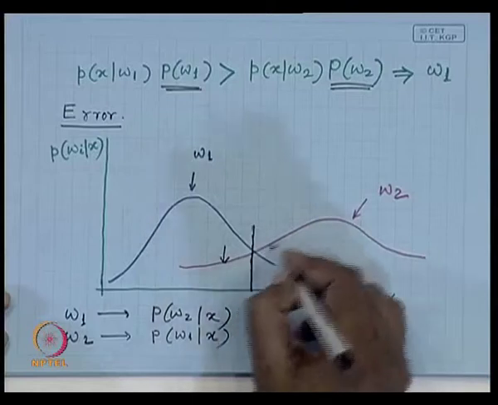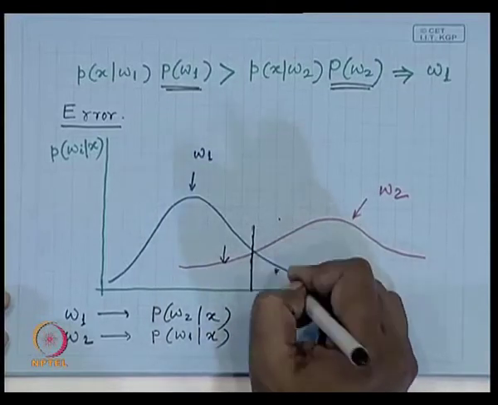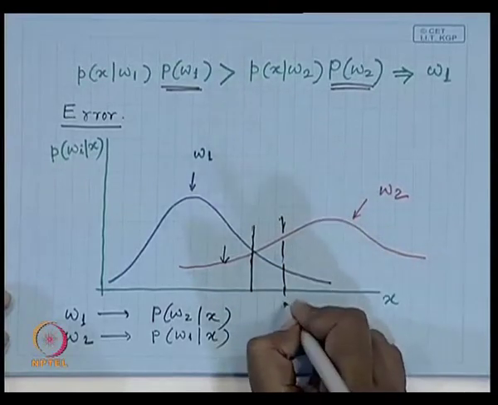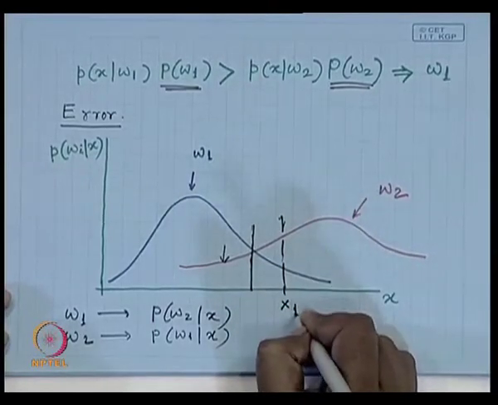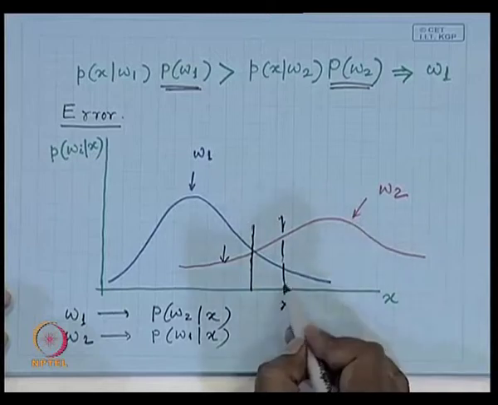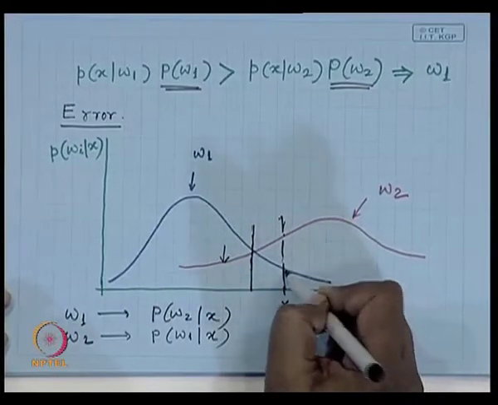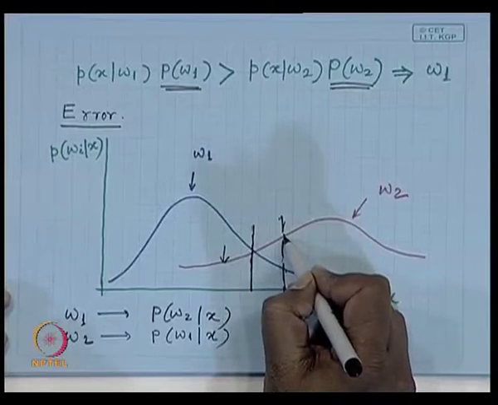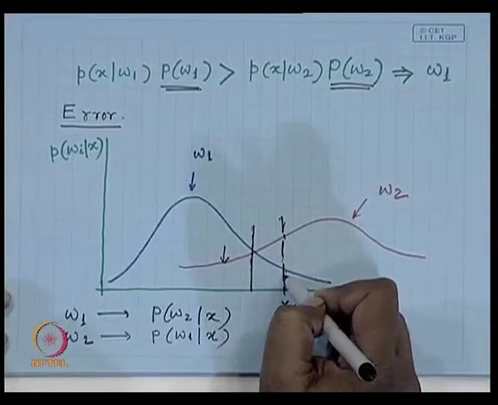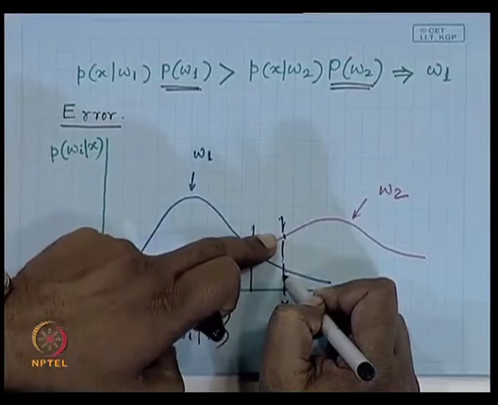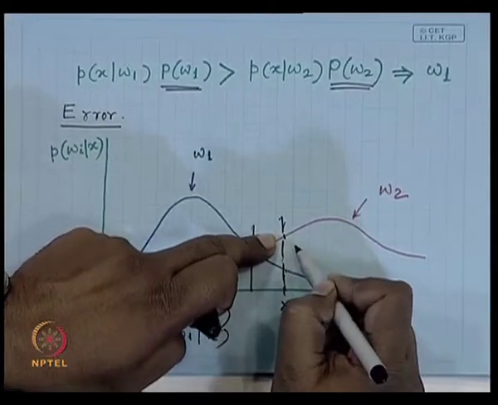Because if I decide for an object for which the value of x is here, say x 1, over here p of omega 1 given x is less than p of omega 2 given x, but if I decide the object to belong to class omega 1, my probability of error is p of omega 2 given x, which is quite high.